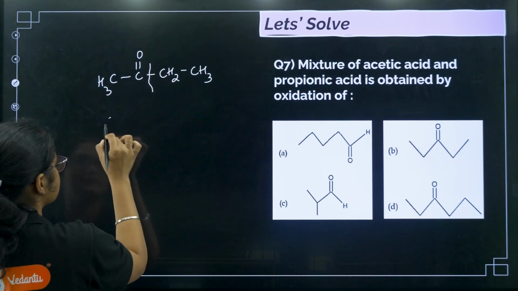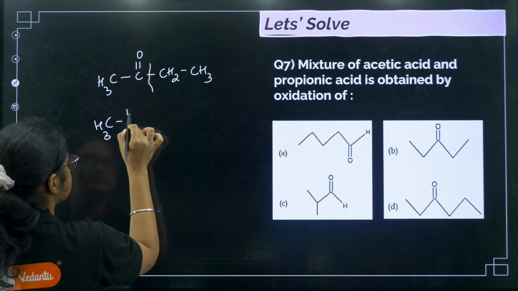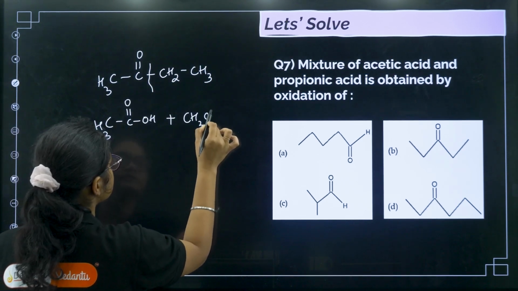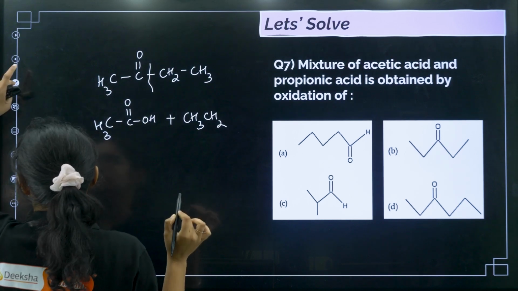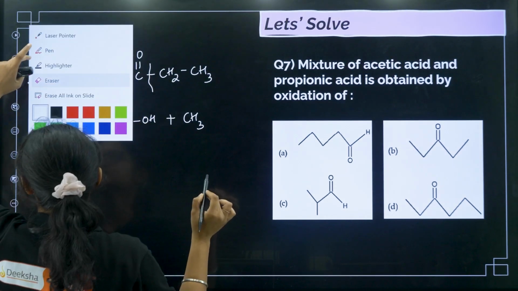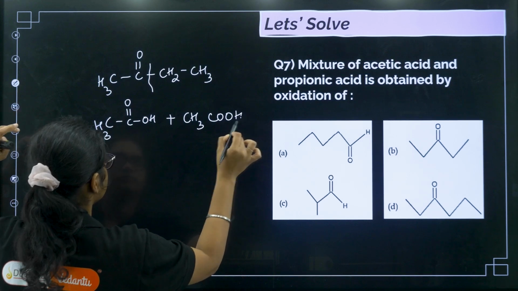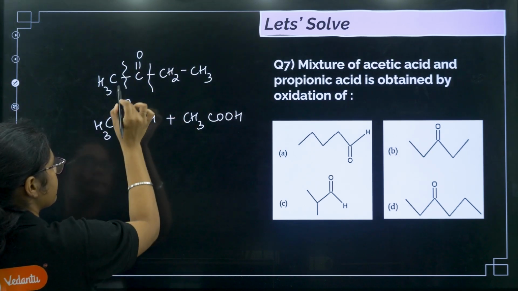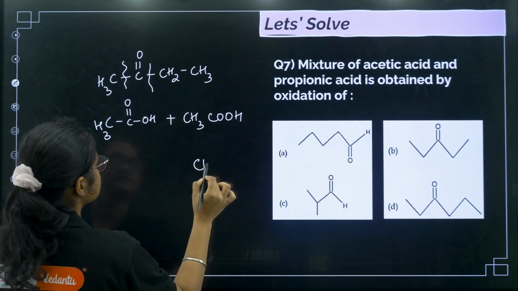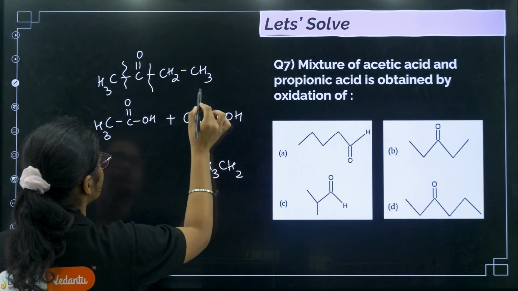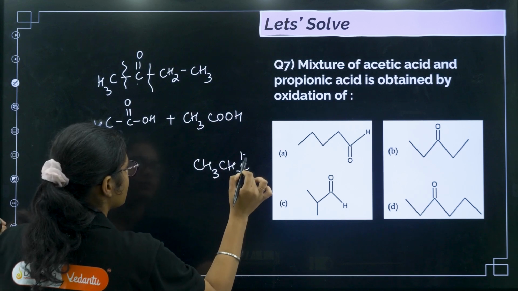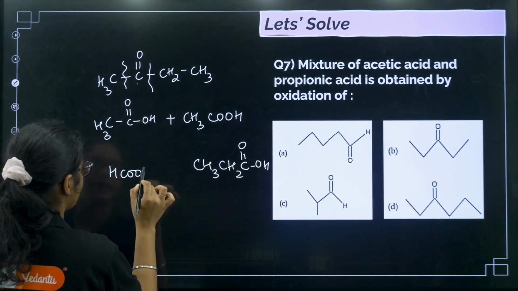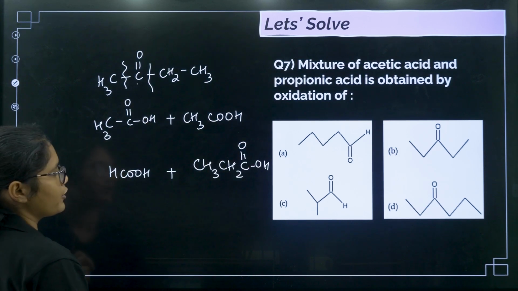If the bond breaks here, we will get CH3COOH and CH3COOH. This gives you one acid, and this one will give you one acid. There is another probability that the other bond will break. Then I'll get CH3, CH2, COOH, and on this side there is only one carbon, so that will get converted to HCOOH. So in total we can get 4 such products.